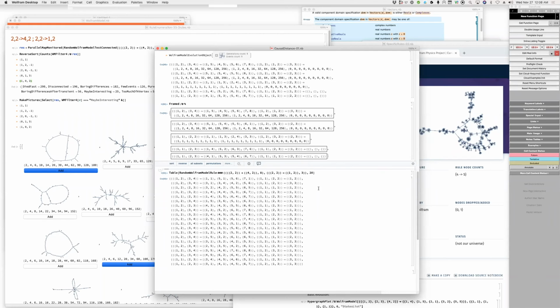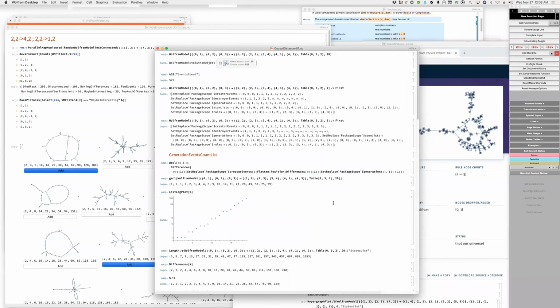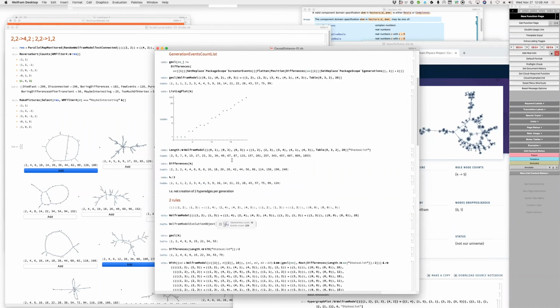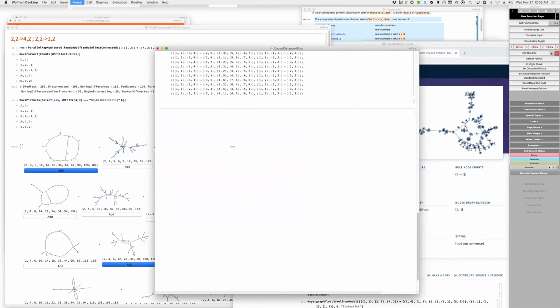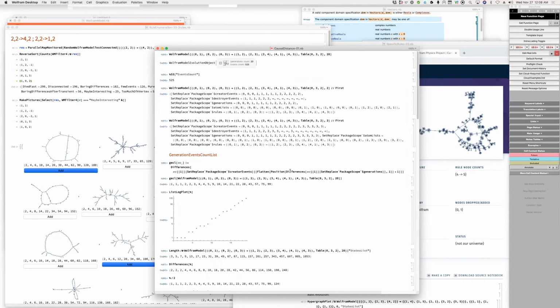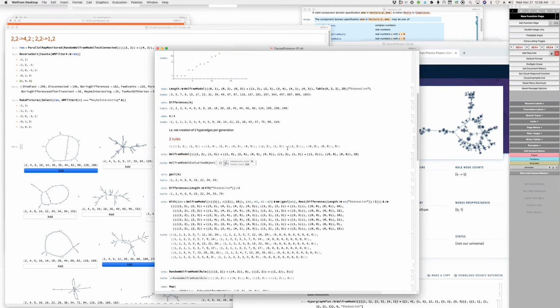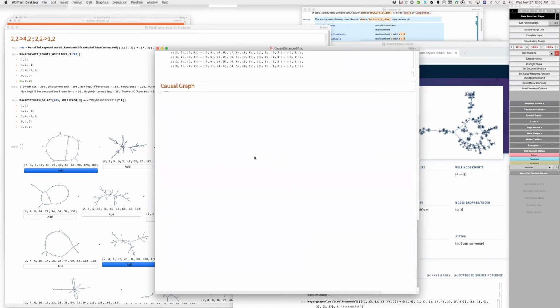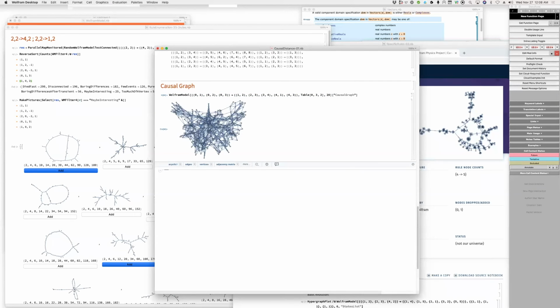By the way, in a causal graph, let's imagine that we make the causal graph. Okay, great.